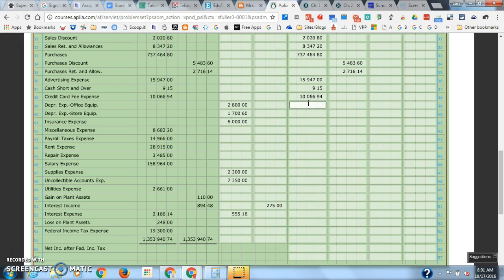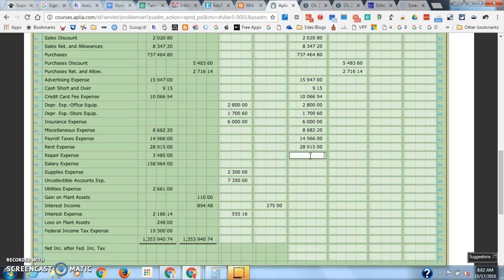Depreciation expense, still a debit, $2,800. For store equipment, $1,760. Insurance expense, $6,000. Miscellaneous, $8,682.20. Payroll, $14,966. Rent expense, $28,915.